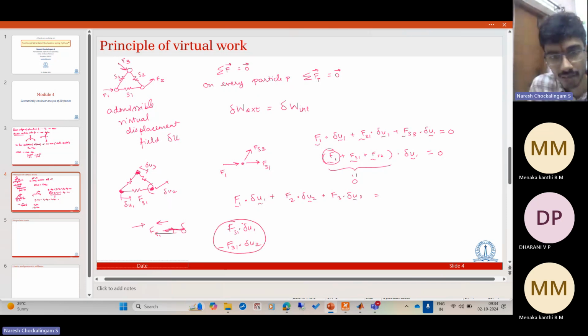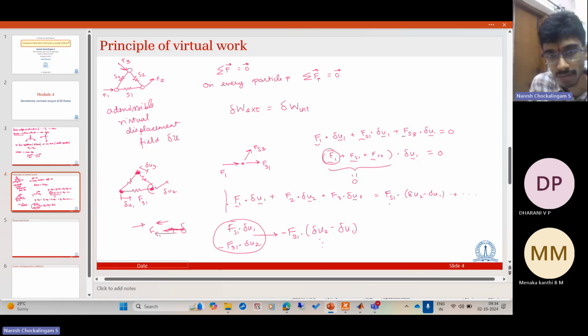So this will result in a term minus Fs1 dot (del U2 minus del U1). And similarly, every spring force will have its own component. Now you can take all these to the other side so that this will be equal to Fs1 dot (del U2 minus del U1) plus and so on.